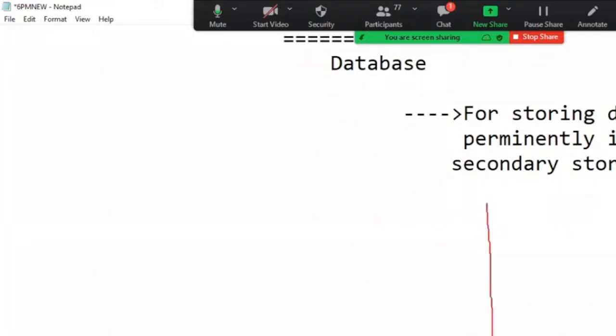Relational databases do not store a random collection of data; they only store a structured collection of data. Yesterday I told you: suppose this is an Oracle database, databases means some place.